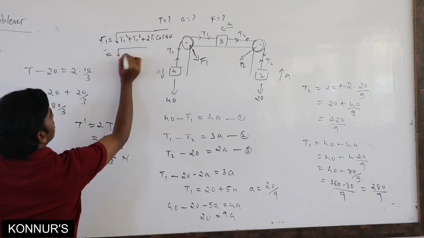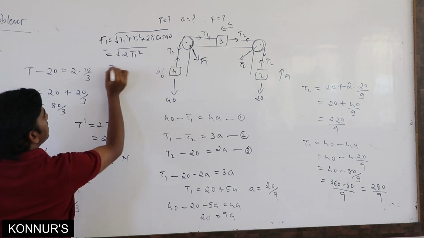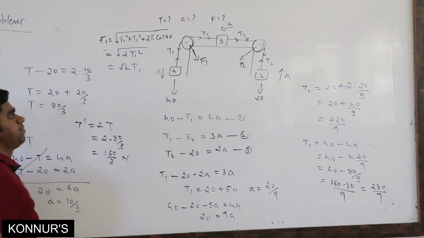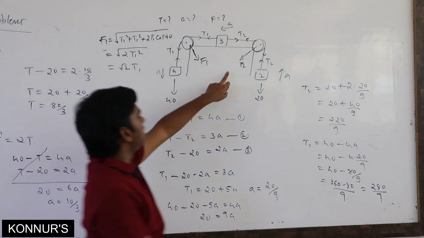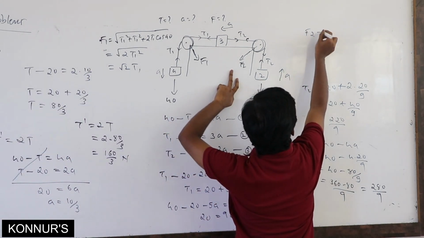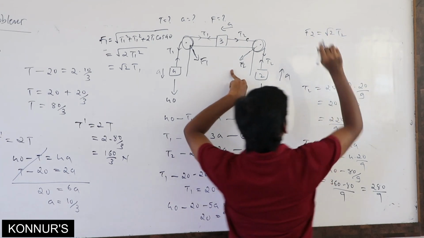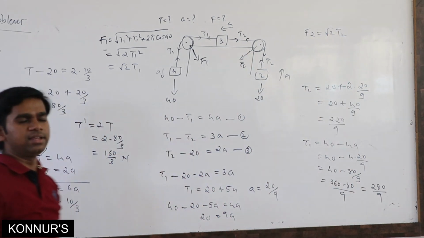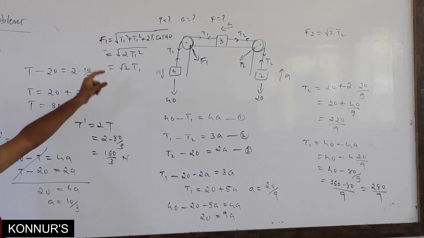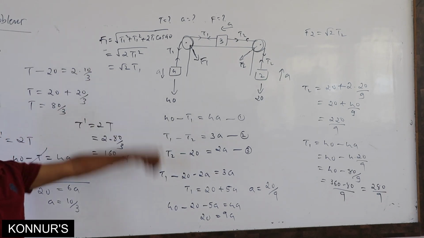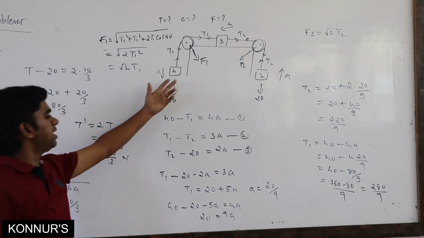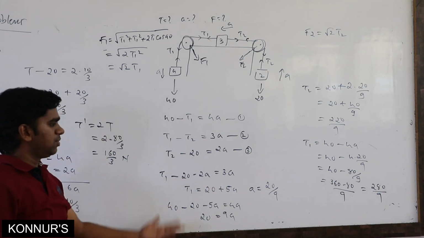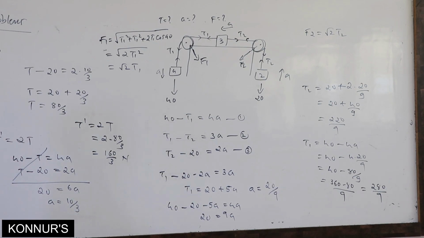You will get root of 2 T1 square, that is root 2 T1. That is your F1. Similarly here F2 is root 2 T2, because again the angle is 90 degrees. This is how we can get the net force acting on the corners by the pulleys. If you take simple numbers, the answer will be simple. You are taking a little complicated number.